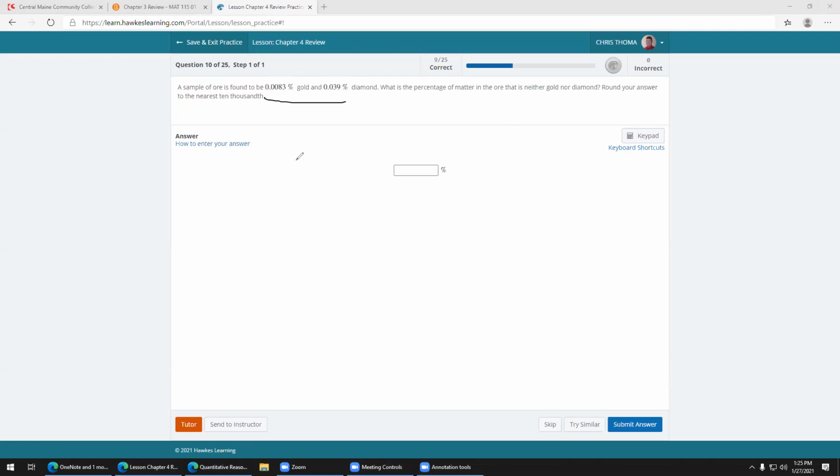So I just take 100, and it's already in percent, so I'm actually typing 100 minus 0.0083 minus 0.039, because it has a percent symbol, I don't have to move any decimals around. And I've got to round this to the nearest 10,000th, right? So that's the fourth decimal place.